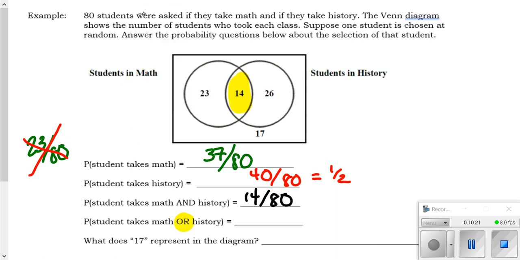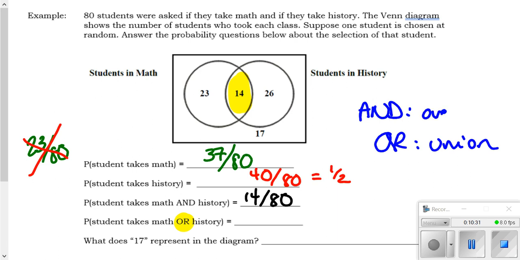Ooh, that would be good to write down. I'm going to write that down. So, or, I want to think union. And in the previous question, I wanted to think about the overlap. That's good, or the intersection. Okay, that's maybe helpful.